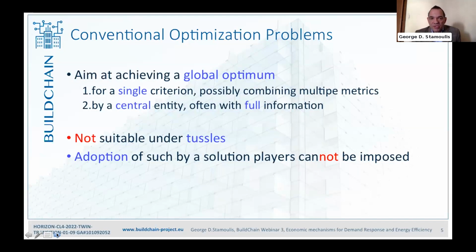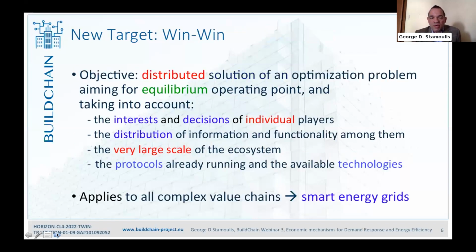However, such a formulation is not suitable under the tussles, because each player has his own interest, and we cannot assume that if we have the solution of this global optimization problem, it will be adopted by the players, because the adoption of such a solution cannot be imposed. So we have a new objective, which is to reach win-win situations.